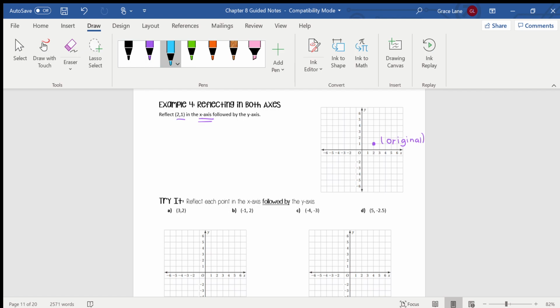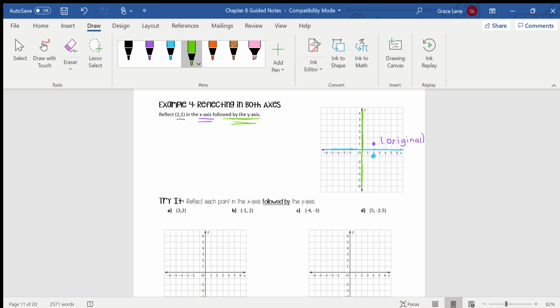So first, if this were to move across the x-axis, which is this line, it would go down to -1. That's the first reflection. That's not the final answer because then it says followed by the y-axis. So now if we reflect it on the y-axis, take the blue point, the first reflection, and reflect it over the green y-axis.